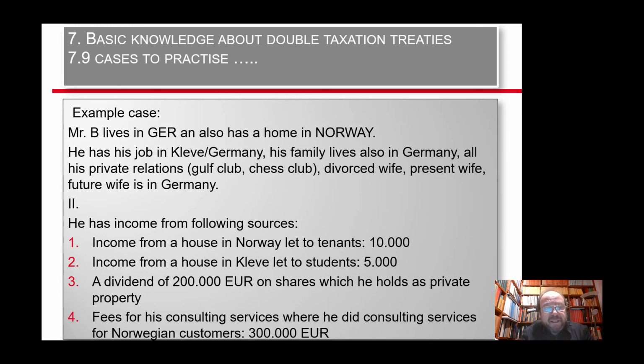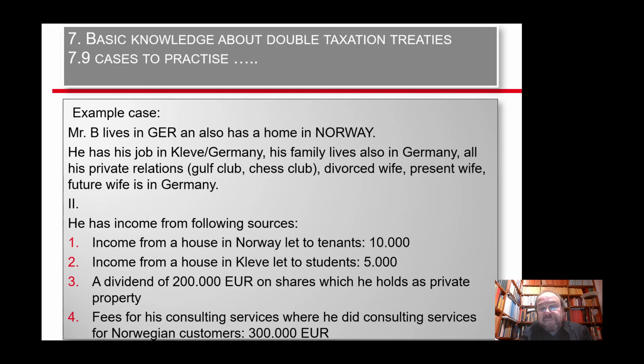And now Mr. B has income from the following sources. Income from a house in Norway, which is let to tenants, 10,000 euro. Income from a house in Kleve let to students, 5,000 euro. A dividend of 200,000 on shares which he holds as private property. And now we should add where those shares are from.